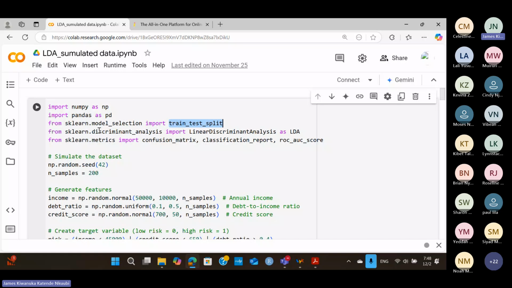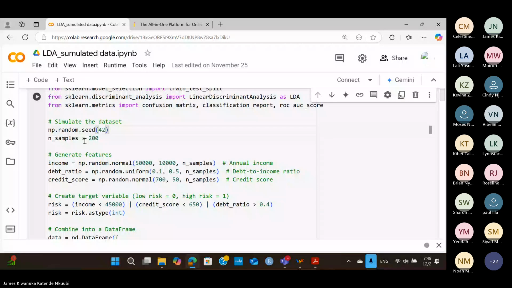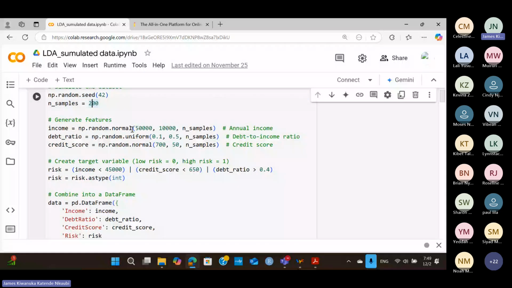So the first thing we do is set up a random seed so that we can reproduce the data. We want only 200 samples. You can increase that if you wish when you're running this. We generate some income variables, normally distributed with mean 50,000 and standard deviation 10,000, with n samples here.